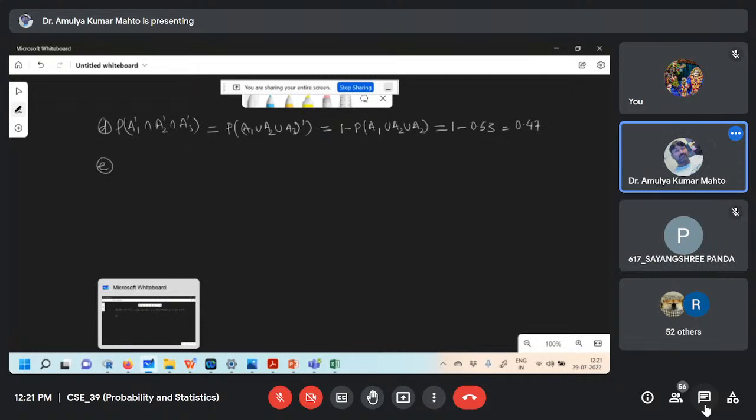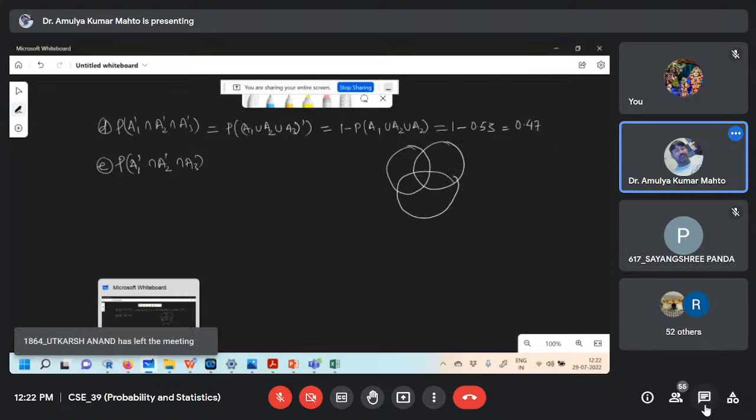E. So E is A1 dash intersection A2 dash intersection A3. So you need to find this probability. So what I can do, I can give you a Venn diagram that will make you more clear about that. So this is A1, A2, A3.